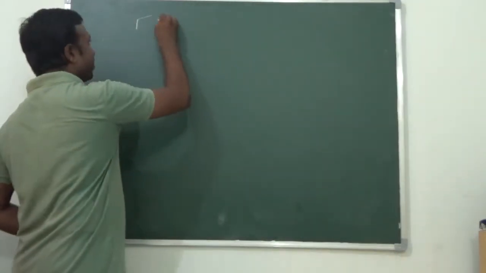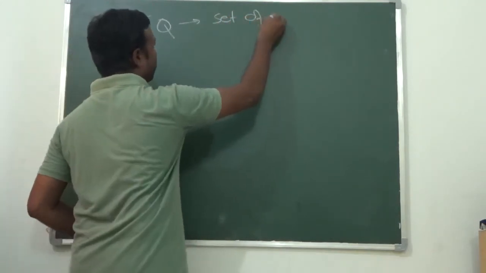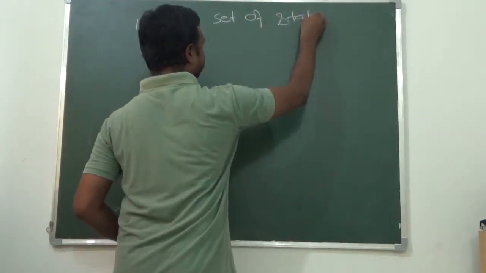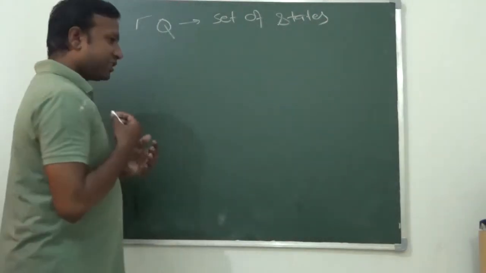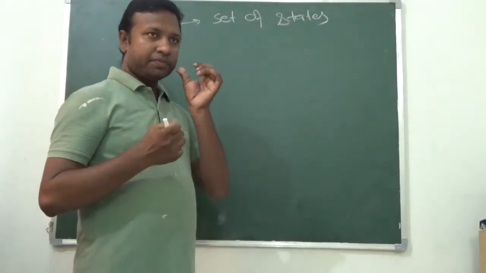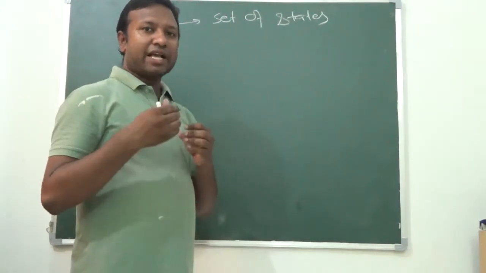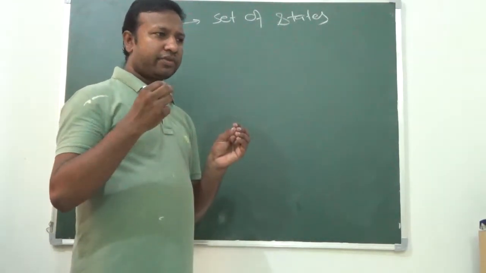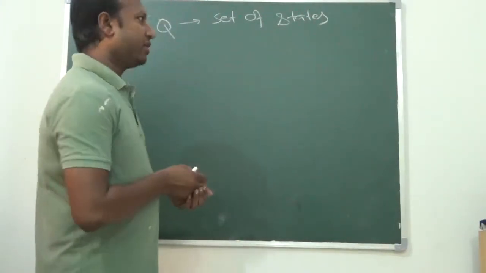Here the Q is nothing but a set of states. States here, you can say a state is a unit which actually remembers or processes something, right?